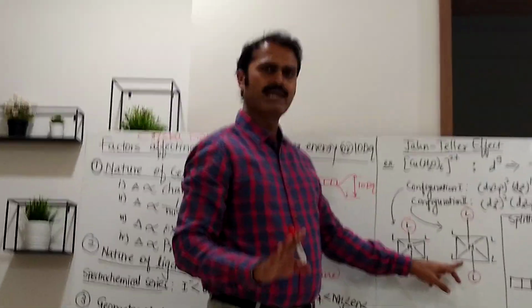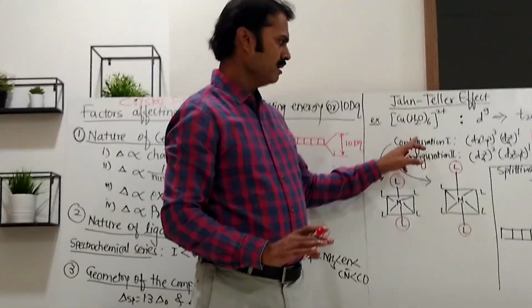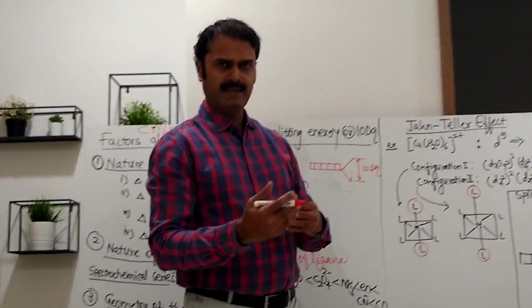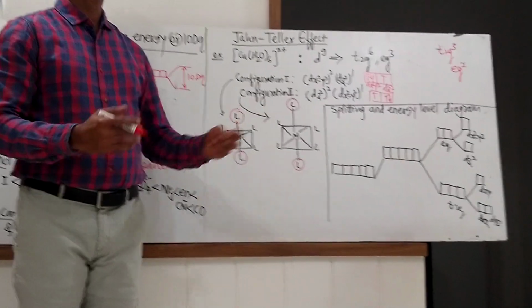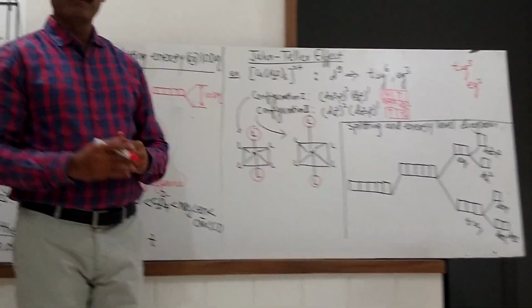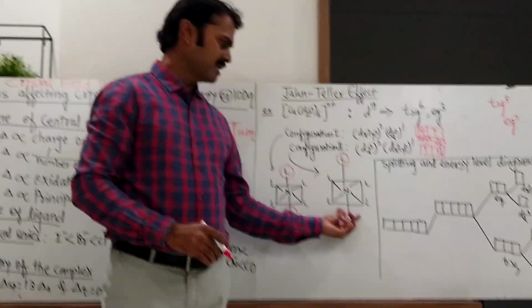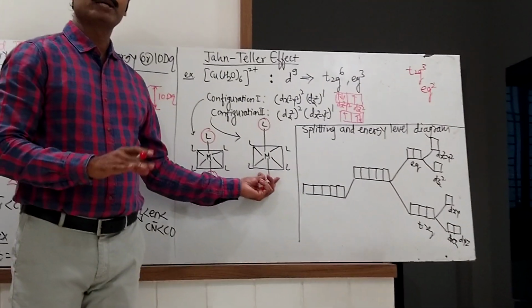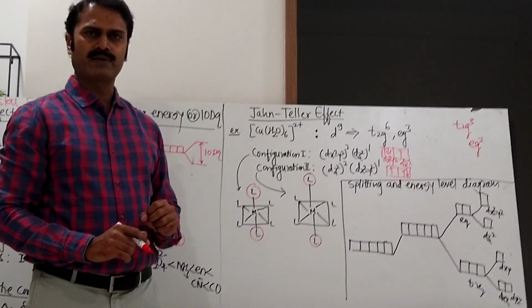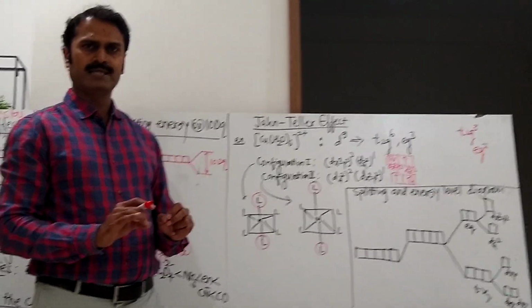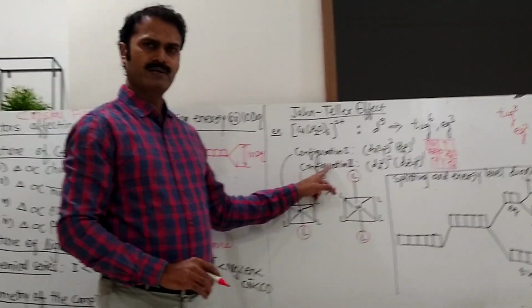So this is an elongated geometry, and when we compare the stability of these two geometries, it has been observed that the second geometry is comparatively more stable. It means out of these two configurations, the correct electronic arrangement is the second one.